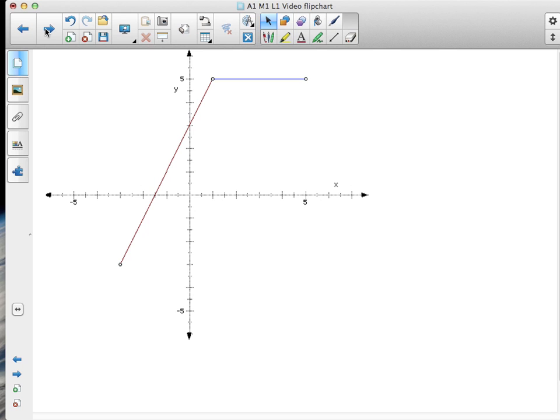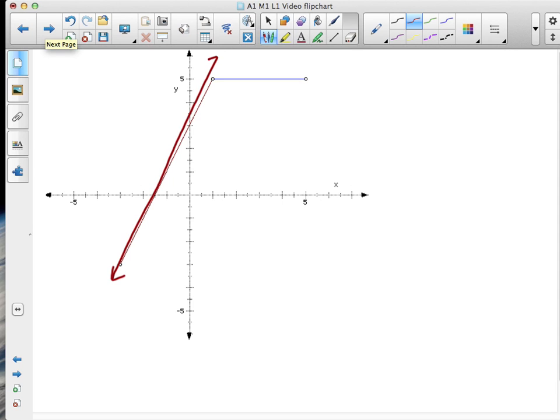You notice that this red section of the line is a different linear function from that blue section, but they come together as one. We're taking the union of each section of that line.